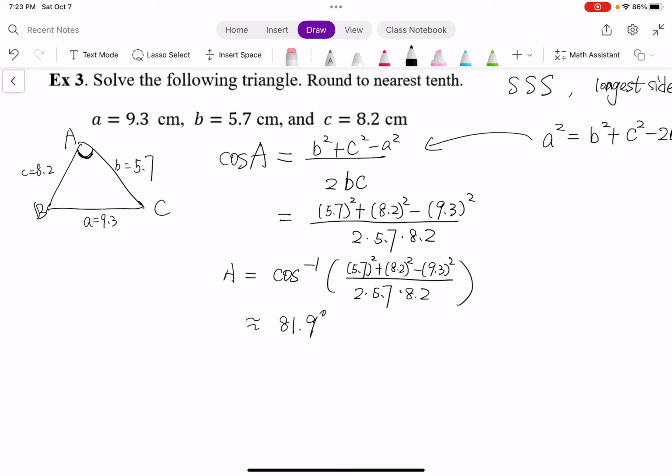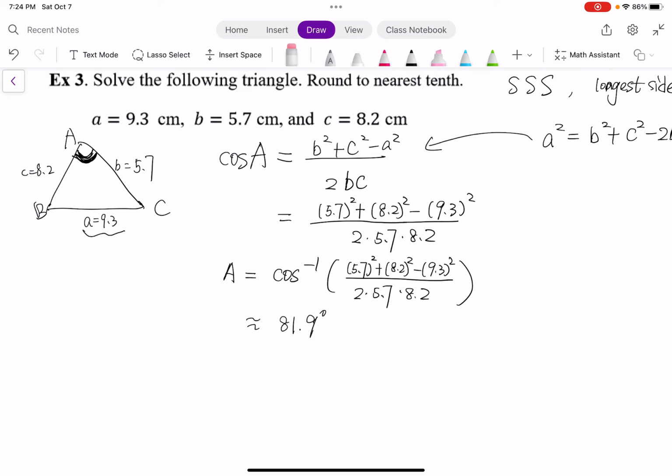It doesn't matter right now whether you choose angle B or angle C, because A is the longest side, so this A must be the greatest angle, the greatest measure. If A is obtuse, B and C are still acute. If A is acute, the other angles are also acute.